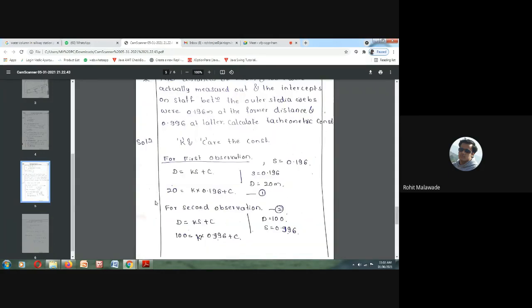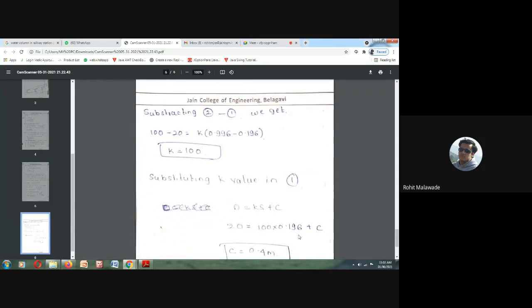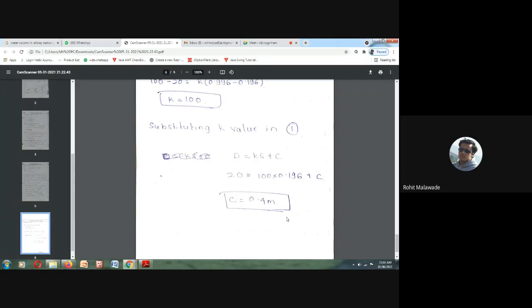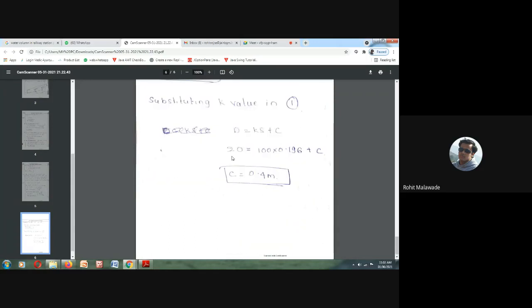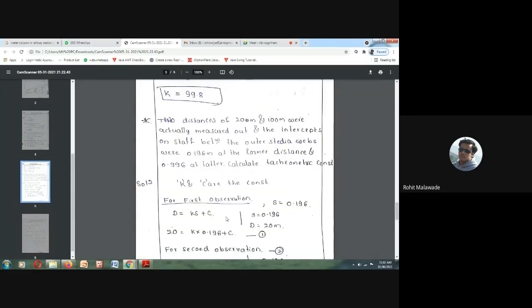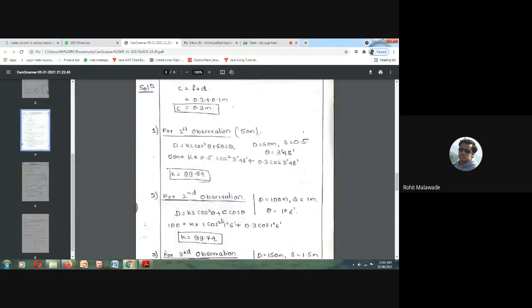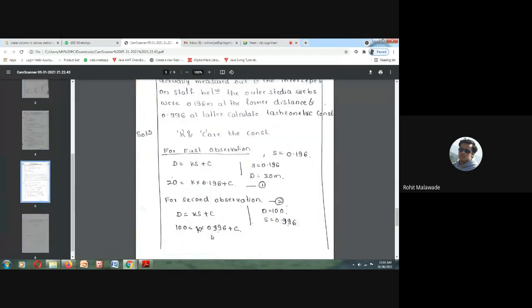So 20 is equal to 100 multiplied by 0.196, right, plus C. If we simplify it, we are going to get the value C. So we have got K and C. Both are nothing but the tachyometric constants.